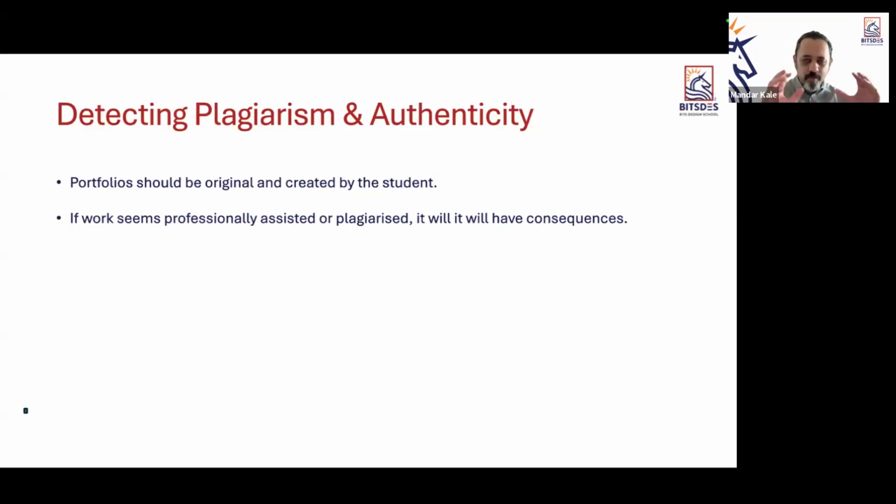Don't be under the pressure of doing the right thing or doing the best thing. Do what you can do best. The portfolio is about you. It's not about what is right or wrong. Anytime we feel that this seems professionally done or plagiarized, which means copied from somewhere, it's quite a serious concern.